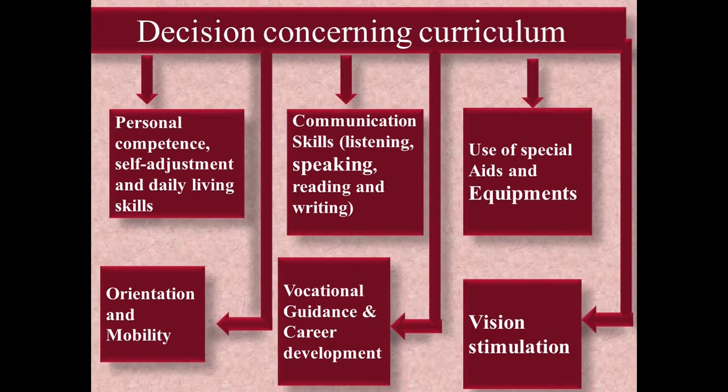The elements of such enriched or plus curriculum can be clustered under the following 6 major headings. First one is personal competence, self-adjustment and daily living skills, orientation and mobility, communication skill, listening, speaking, reading and writing, vocational guidance and career development, and special aids and equipment, for example, tape and cassette recorders, record players and talking books, personal computers and typewriters, braille, large type materials, optical aids, electronic reading and writing devices.